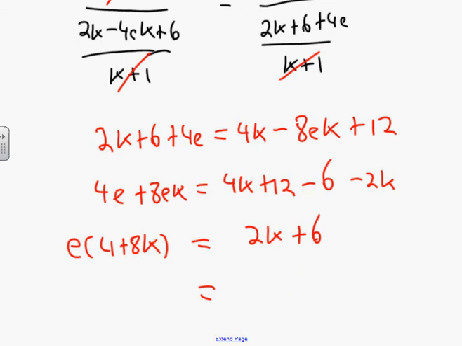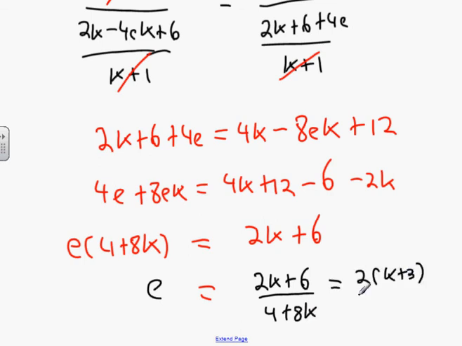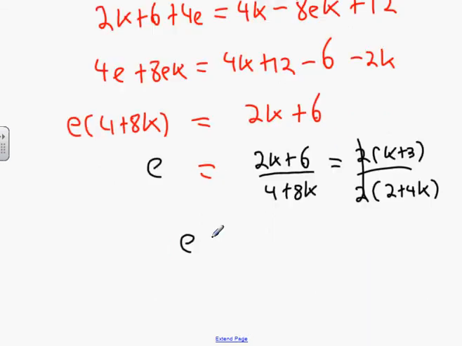So (2k + 6) all over (4 + 8k). 2 into (k + 3), and I suppose the bottom has to be 2 into (2 + 4k). Cancel the 2s out. e equals (k + 3) over (2 + 4k).